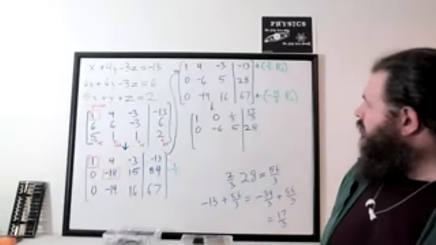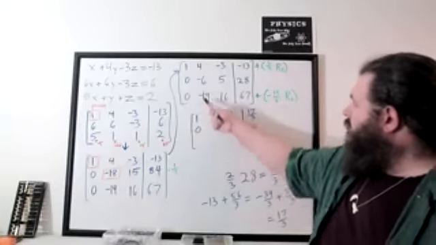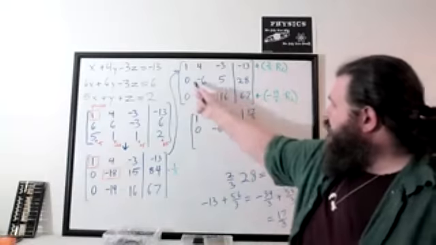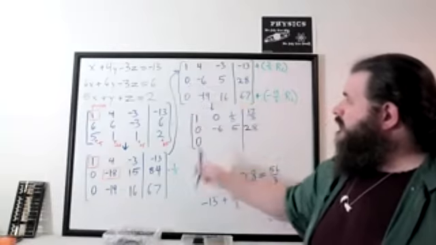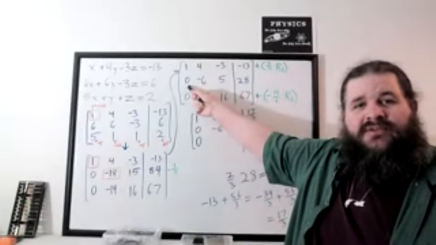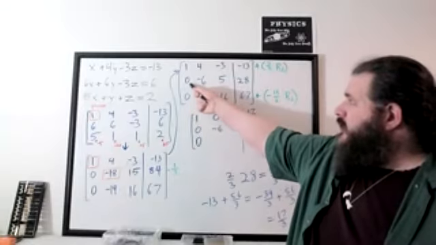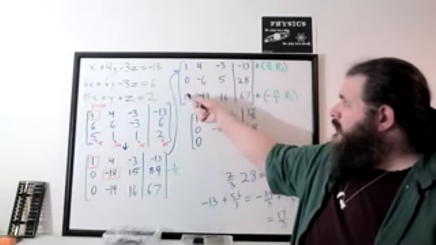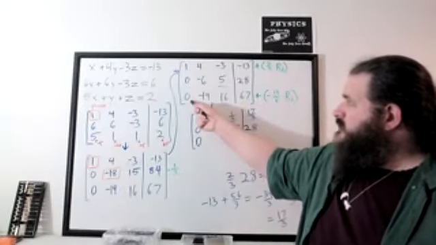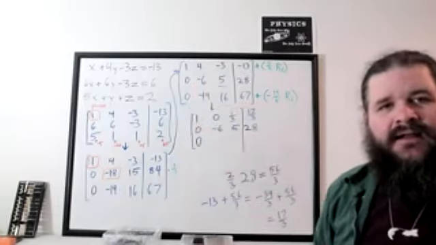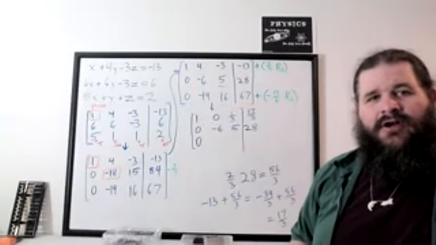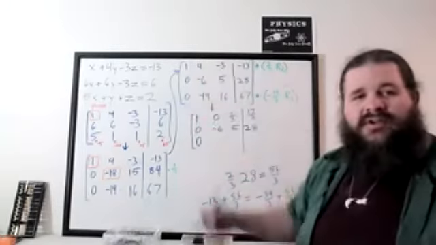All right, so the new third row, we've got 0 plus -19/6 of 0 is still 0. That's one of the really nice things about establishing some zeros early on. Any zeros you can establish in the first column means that that 0 is not changing the zeros you've already created. In general, if you created a 0 in one of the early columns, you want to keep that 0.